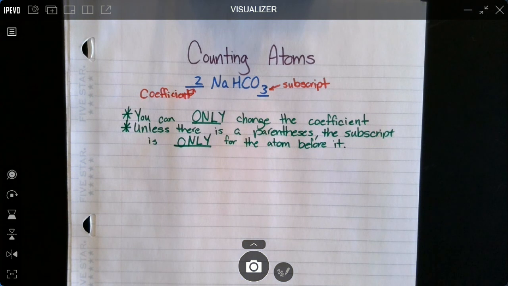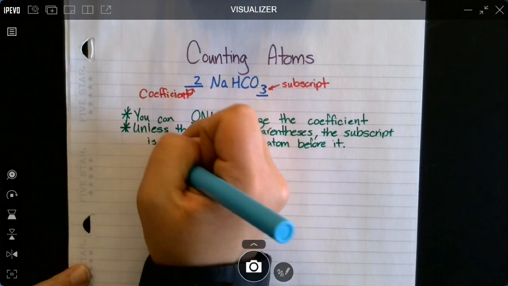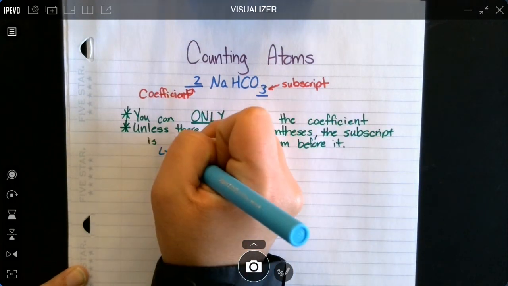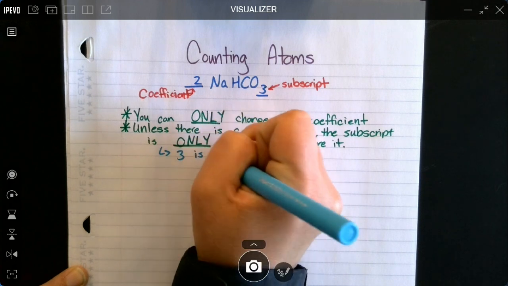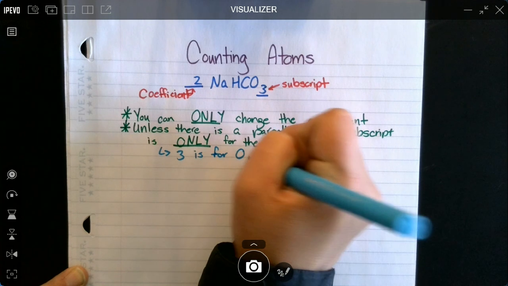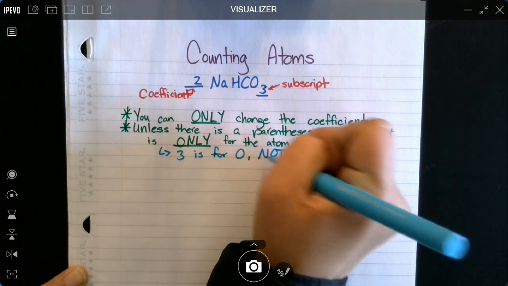So what I mean by this is that the subscript that's in front of the O is only for the O, for oxygen, not carbon.